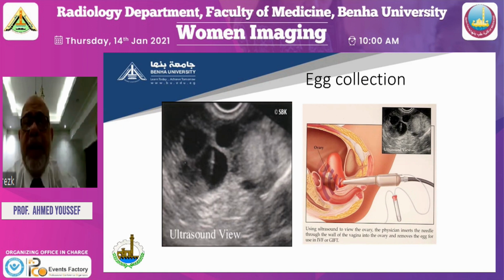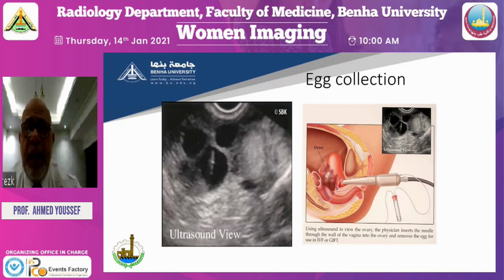They started to use the abdominal ultrasound, filling the bladder and introducing the needle transvesical, so it is transabdominal, transvesical, to reach the ovary to aspirate the content. And then they tried to introduce the needle through the vagina and follow it through the abdomen by abdominal ultrasound, which needs a high level of coordination.